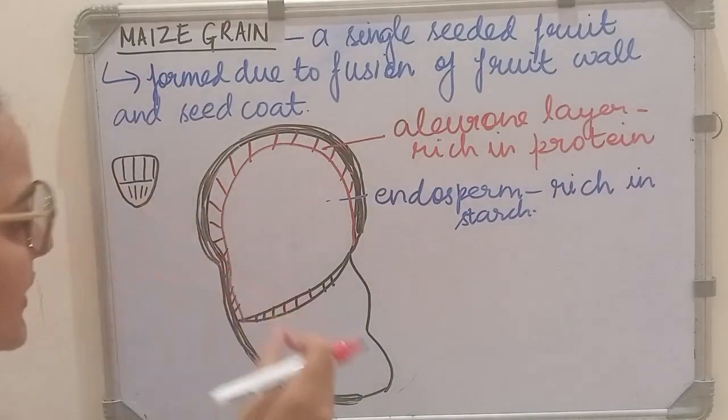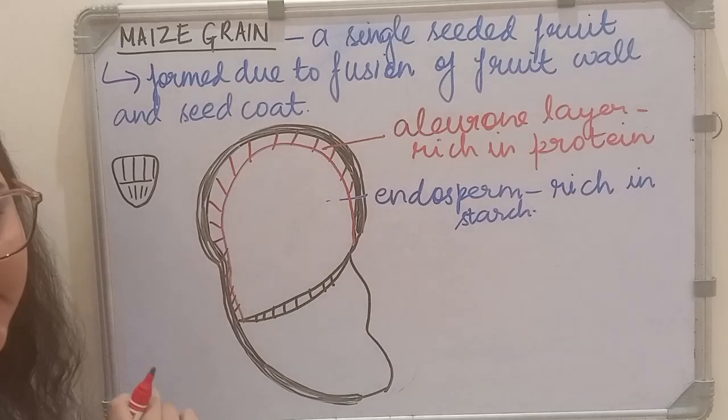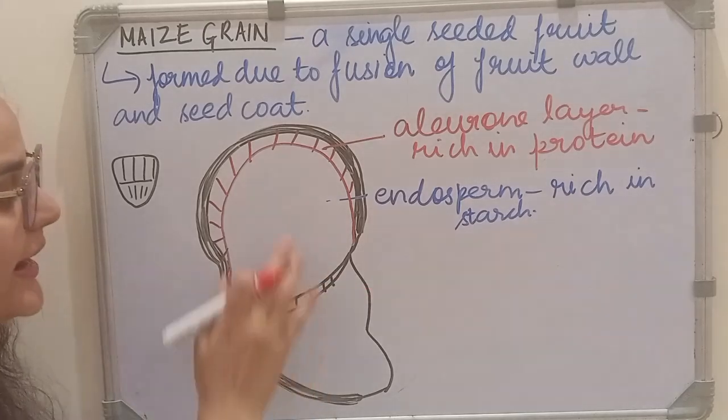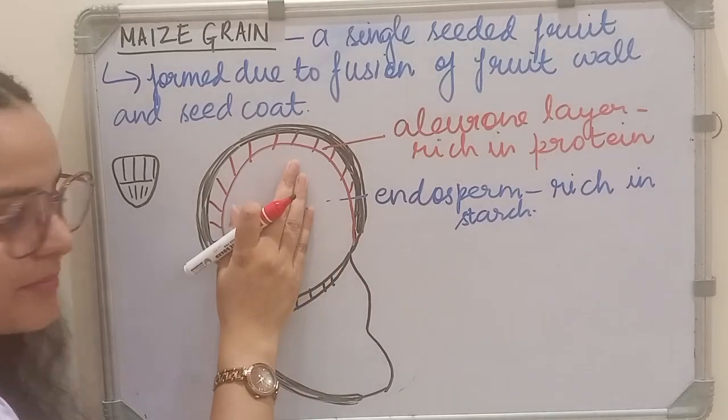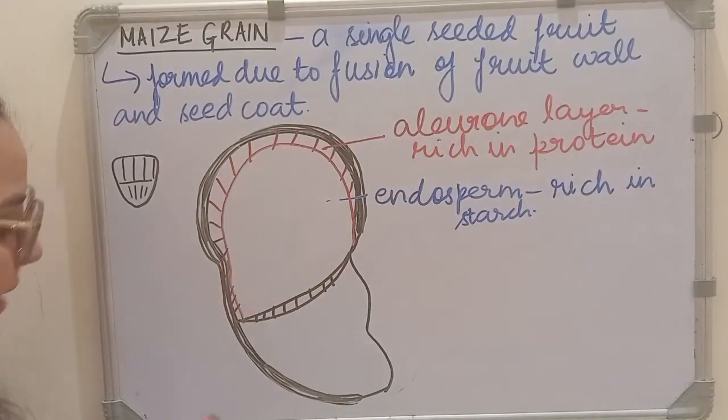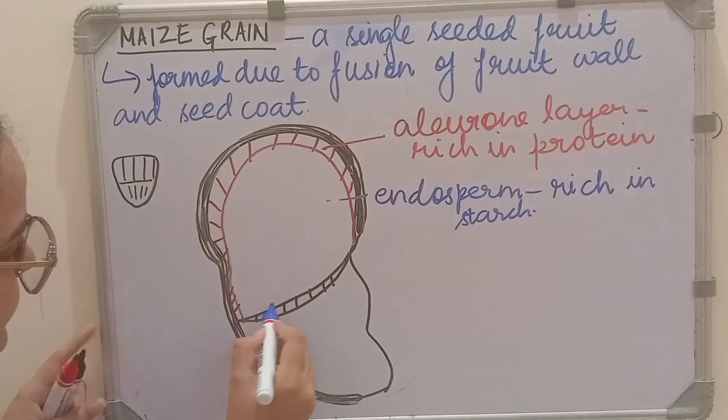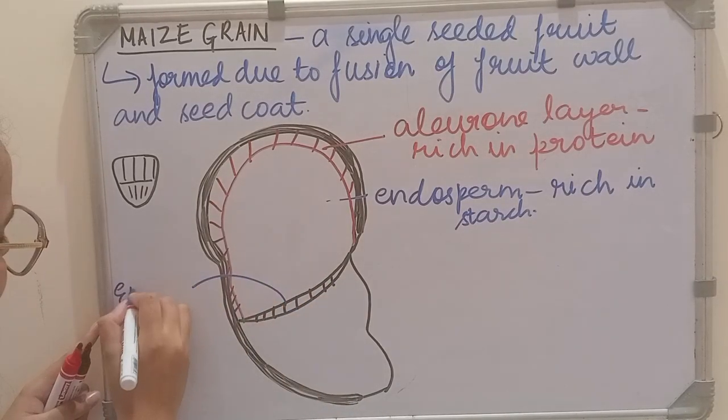Now, this is epithelium. This epithelium separates the endosperm part and the embryonic part. So this layer is epithelium.